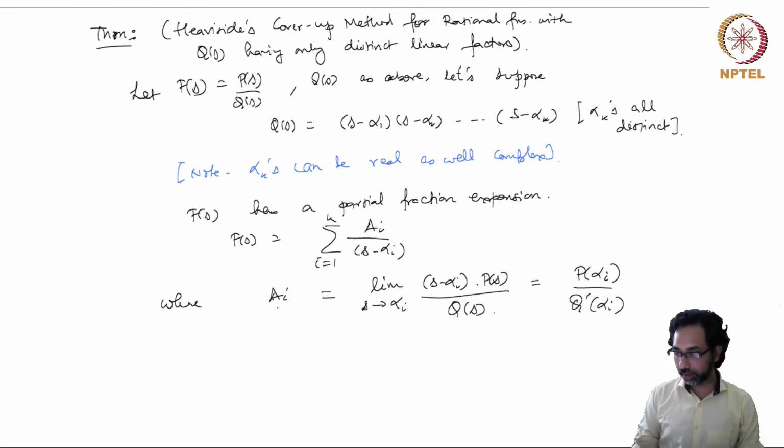So each a_i can be directly computed by this formula. You just plug in alpha_i for p and you plug in alpha_i for the derivative of q. So this is the Heaviside's cover-up method for rational functions where the denominator has distinct linear factors.